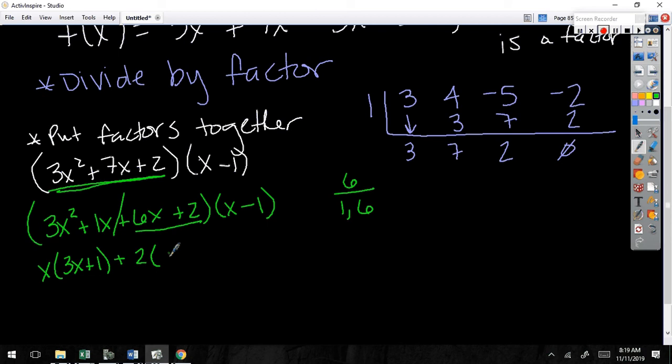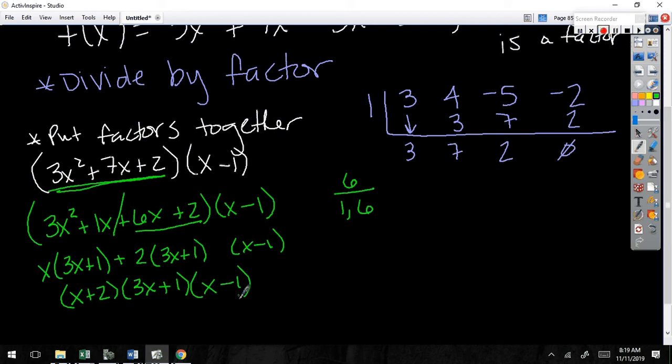And what's left? Remember, this x minus 1 is still here. It's still a part of the problem. We're just not working with it just yet. So factored completely, what does this look like? x plus 2, 3x plus 1, and x minus 1.